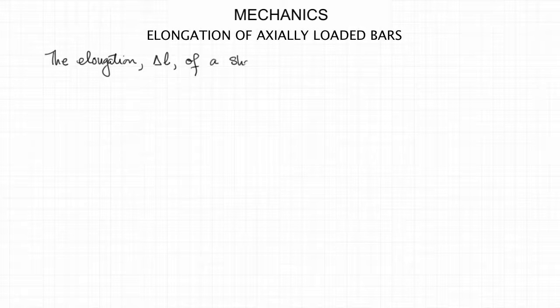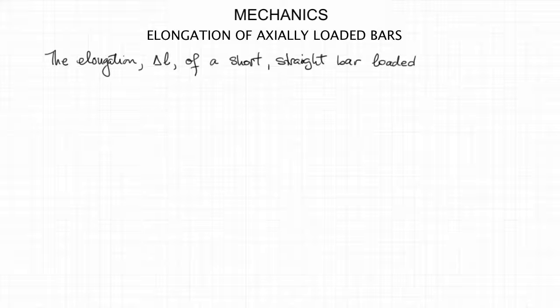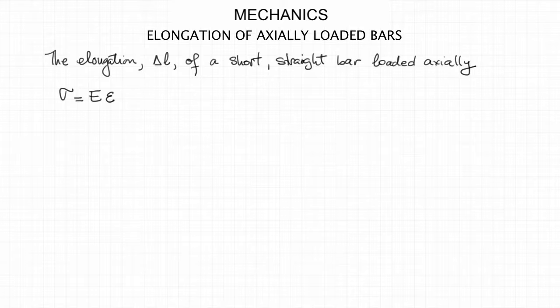We will begin from Hooke's law, including the constant of proportionality, and that is the Young's modulus, in which we've determined that the stress equals E times epsilon, the modulus of elasticity times the strain.